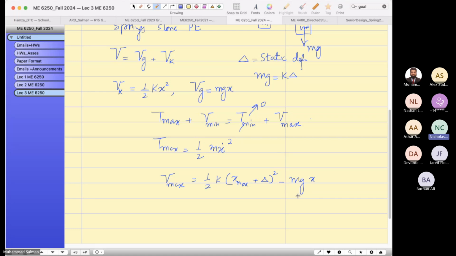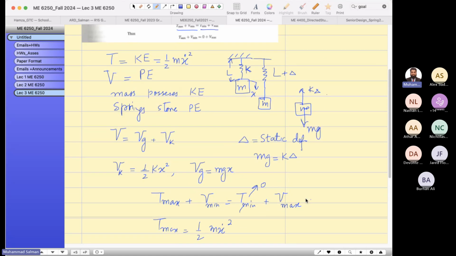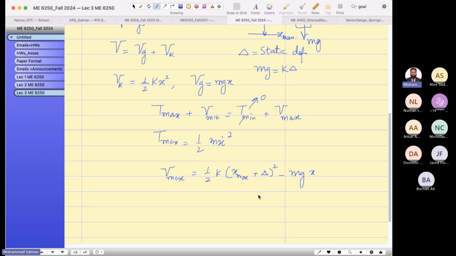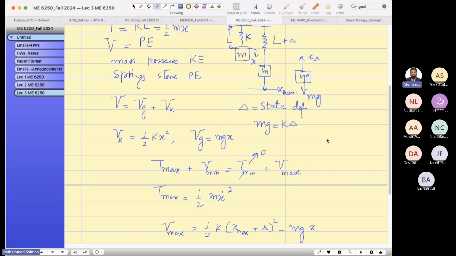Isn't X max X plus delta though? X max is the maximum position when it starts vibrating. This is my X max. X is an instantaneous position. So we have to take the maximum. For example, it goes until the maximum position and the kinetic energy becomes 0.